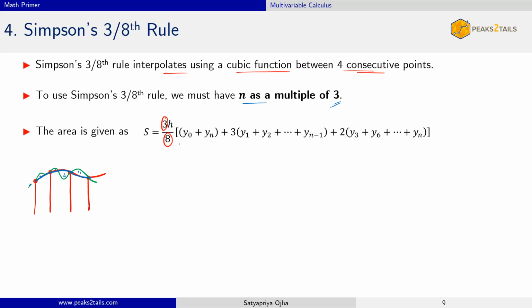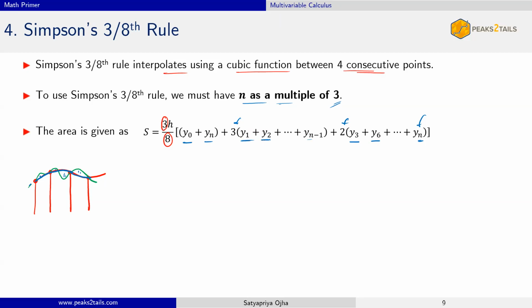And if you look at the final formula, we have 3h by 8, y0 plus yn. They have the same coefficient of 1. All the multiples of 3, and this last one is also a multiple of 3 because n is a multiple of 3. All the places which are multiples of 3 receive a coefficient of 2. Everything else receives a coefficient of 3.